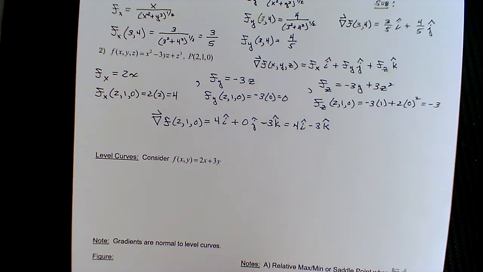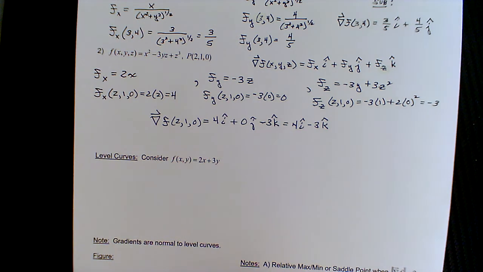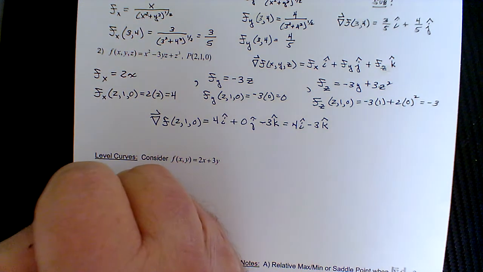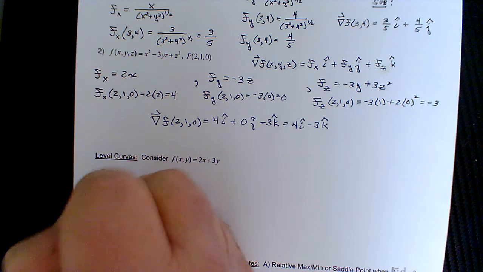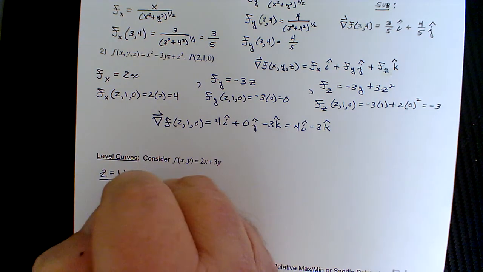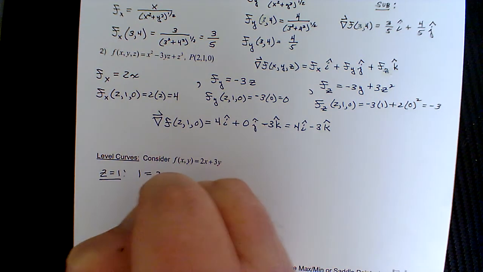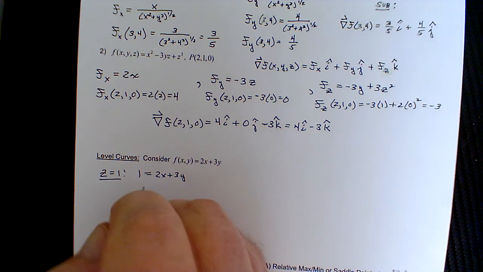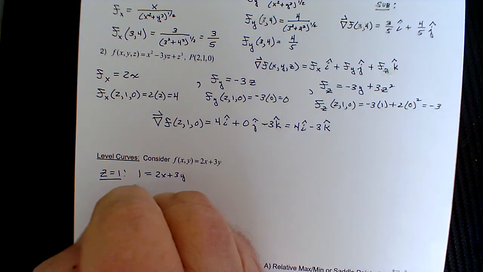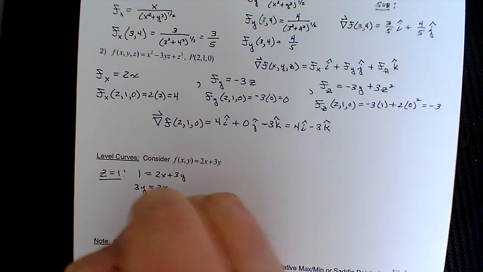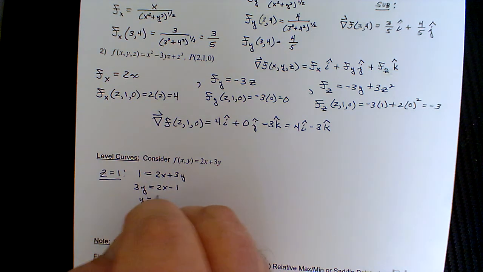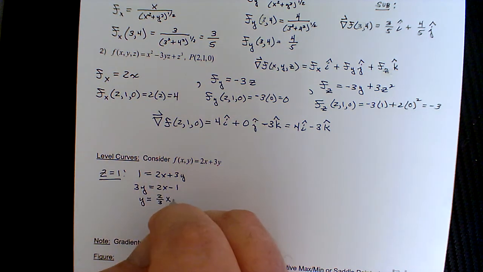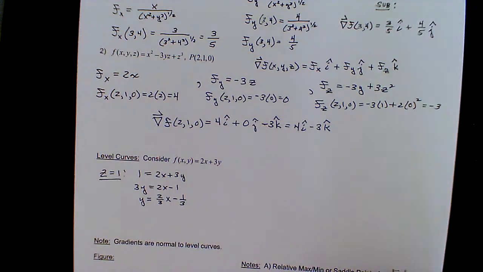Okay, now if we look at some level curves, we talked about these in the past, for this particular function, let's let z equal 1, so z is f of x, y, remember. So if 1 equals 2x plus 3y, then we'll solve this for y: 3y would be 2x minus 1, and y would be 2/3 x minus 1/3.